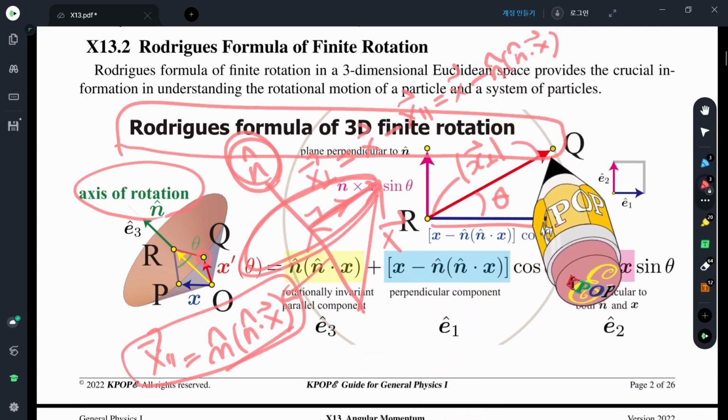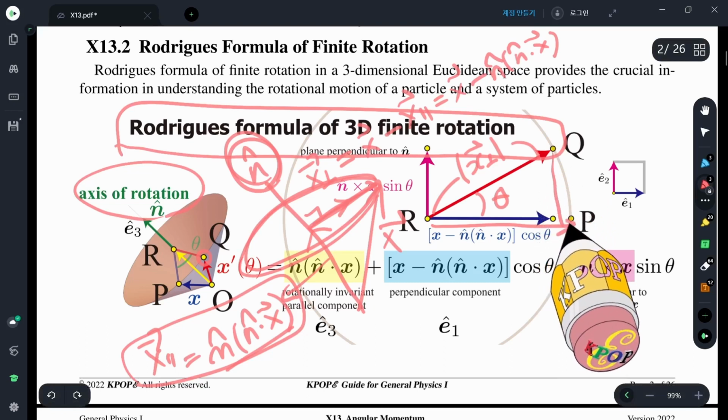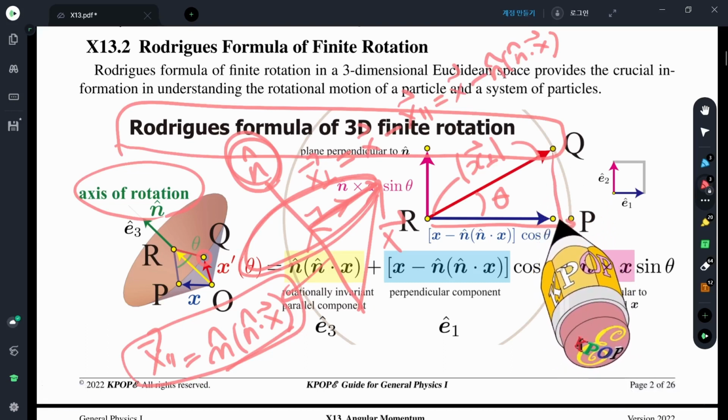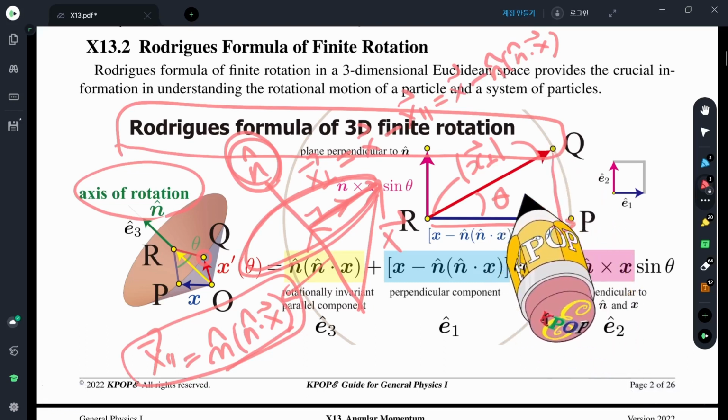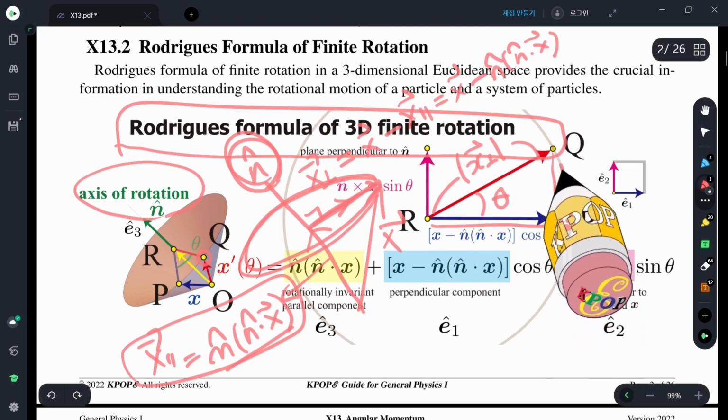The magnitude of the original perpendicular component was x perp, and it is being rotated.